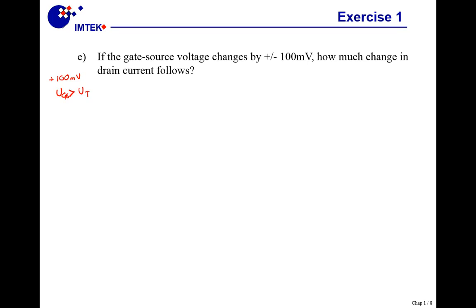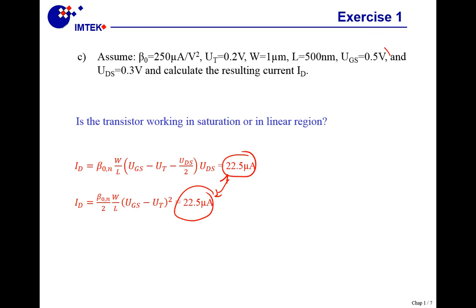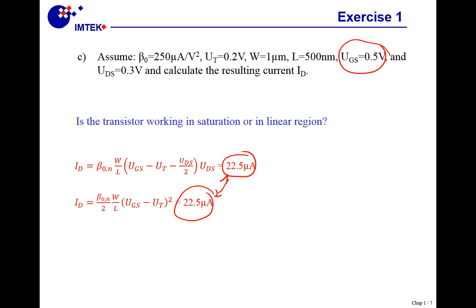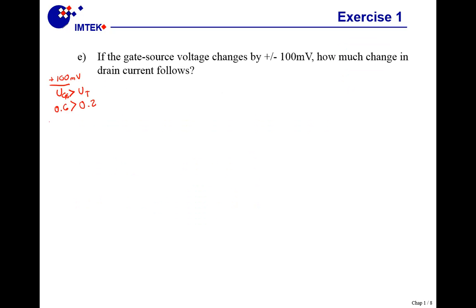If in the previous exercise UGS was 0.5, right now UGS is going to be equal to 0.6, because we're adding 100 millivolts. And this is still larger than 0.2, which is our threshold voltage. Now UDS, which is 0.3, as you remember from the previous section, we compare with UGS minus UT, which is 0.6 minus 0.2.